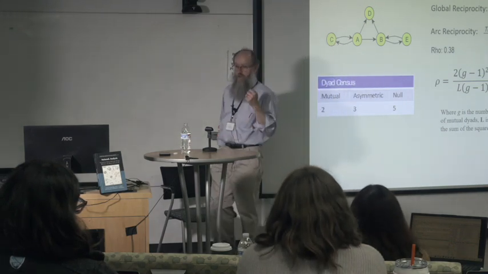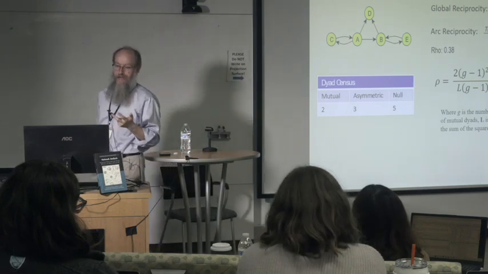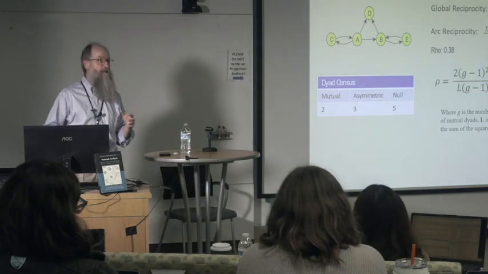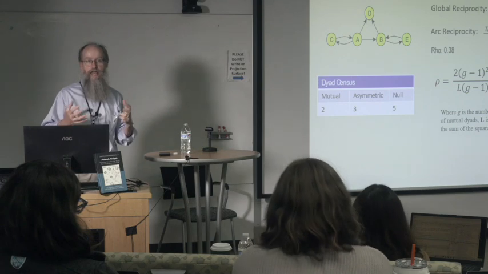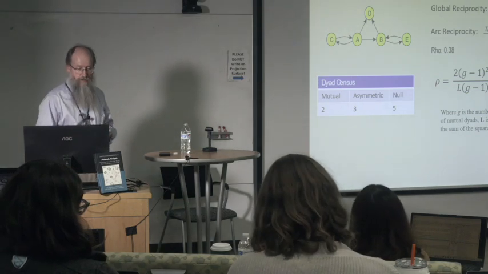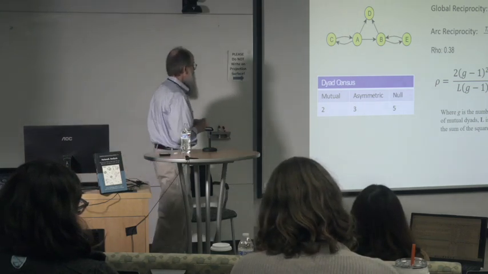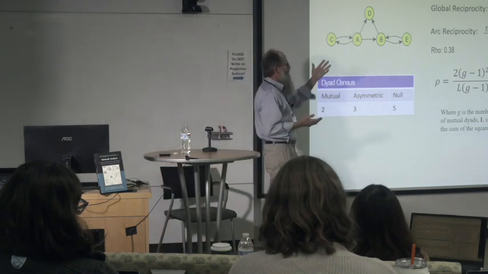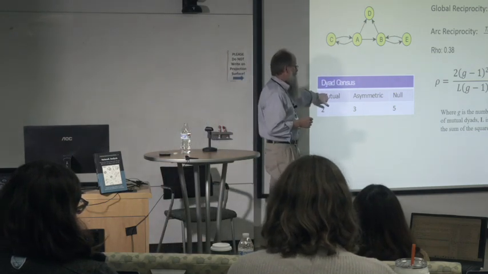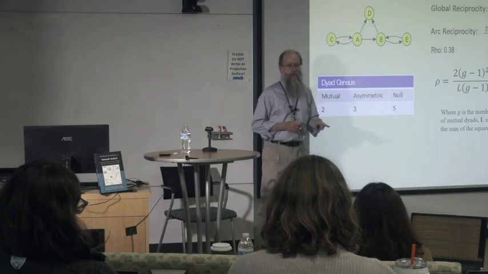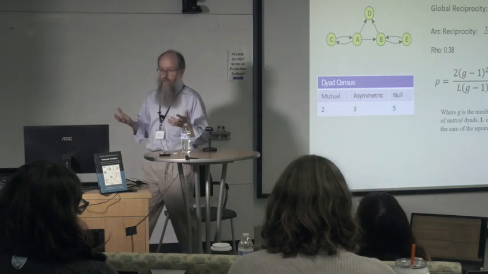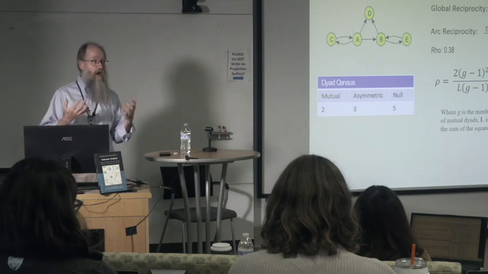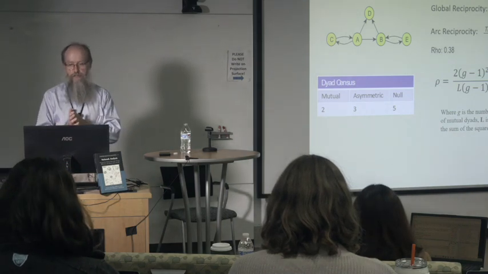The distribution of mutual, asymmetric, or null dyads on the network is the dyad census. It's the categorization of all possible directions of dyads in the network. The global reciprocity is just the number of mutual over the number of mutual and asymmetric. So that is the proportion of all the observed non-empty ties that are reciprocated.